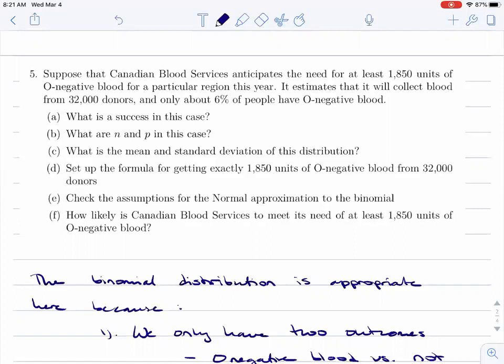Even your calculator is like, no thanks. So we're just going to set up the formula, and be really grateful that we have the normal approximation to the binomial, where we can say, if I have a large enough sample size, then I can start thinking about this as a normal distribution, which is way easier for us to deal with.